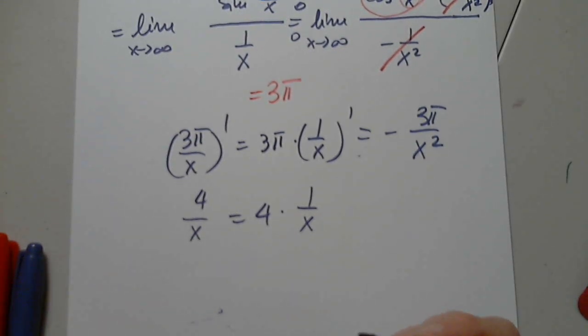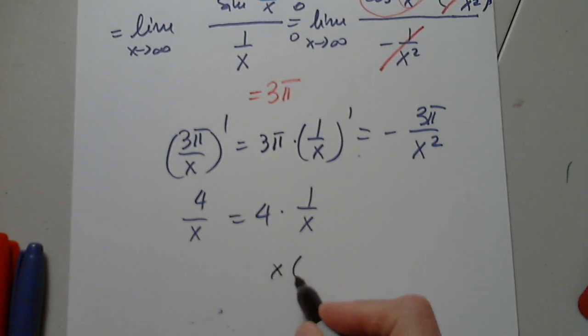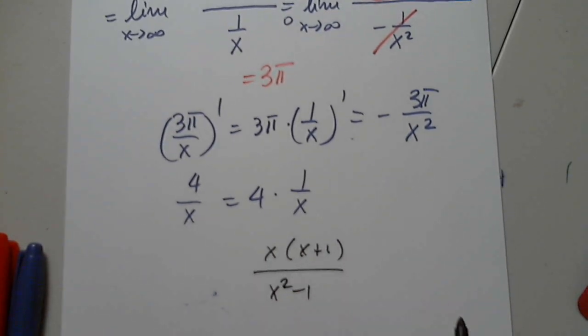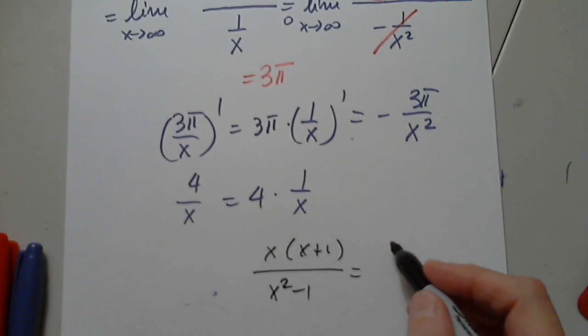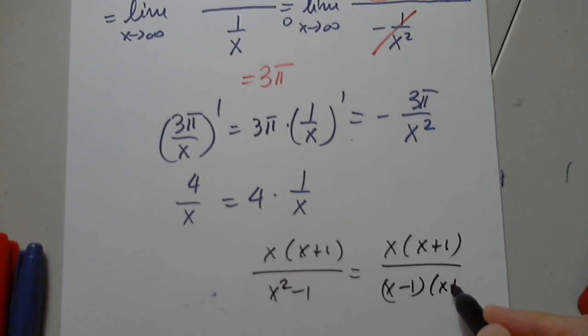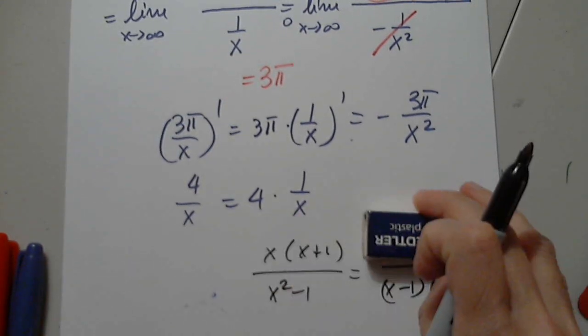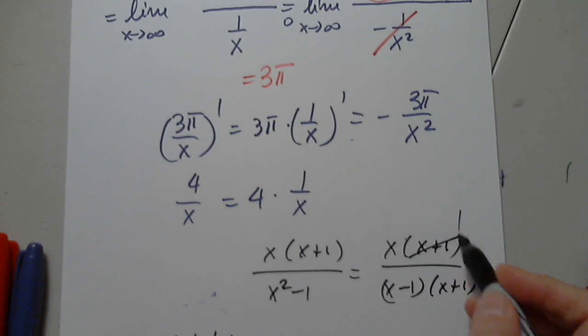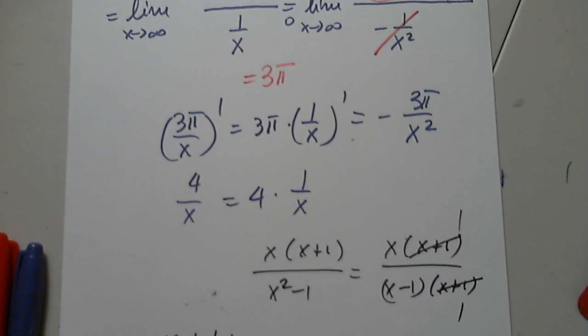Remember when a rational function has a hole in the graph, like for example, x plus 1 divided by x squared minus 1. Well, I have to find the domain. So in order to find the domain, I have to factor the denominator. The domain is still all real numbers except plus or minus 1. And now I can simplify after I state the restrictions, not before.